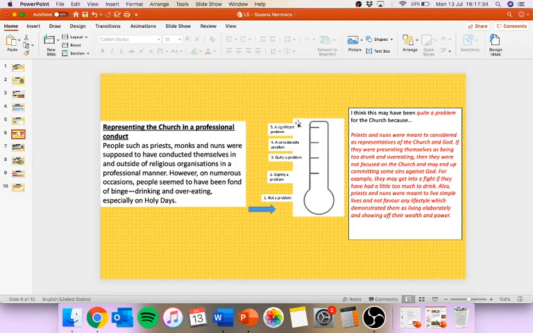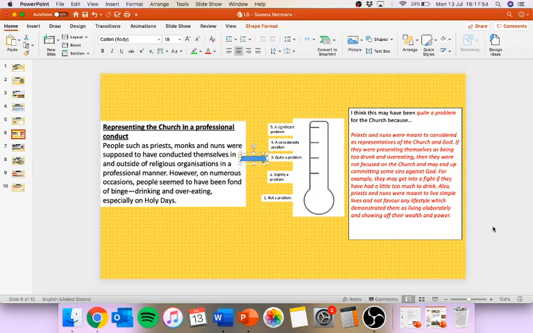So here is our thermometer, and I'm going to move the arrow up towards the level of a problem that it would have been in that time. So I think that it would have been quite a problem for the Anglo-Saxon Church, and here on the right hand side is my explanation.